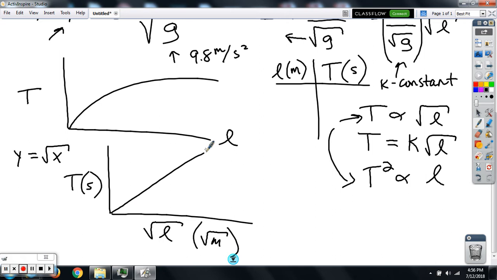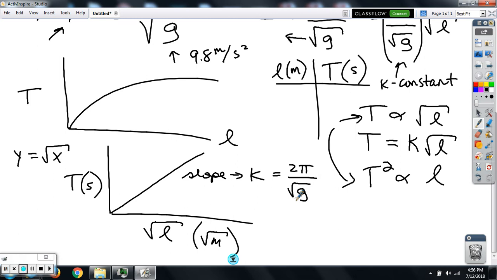I would get a straight line, and the slope would be k, where k is equal to 2 pi over the square root of g. That follows from exactly what we talked about up there.